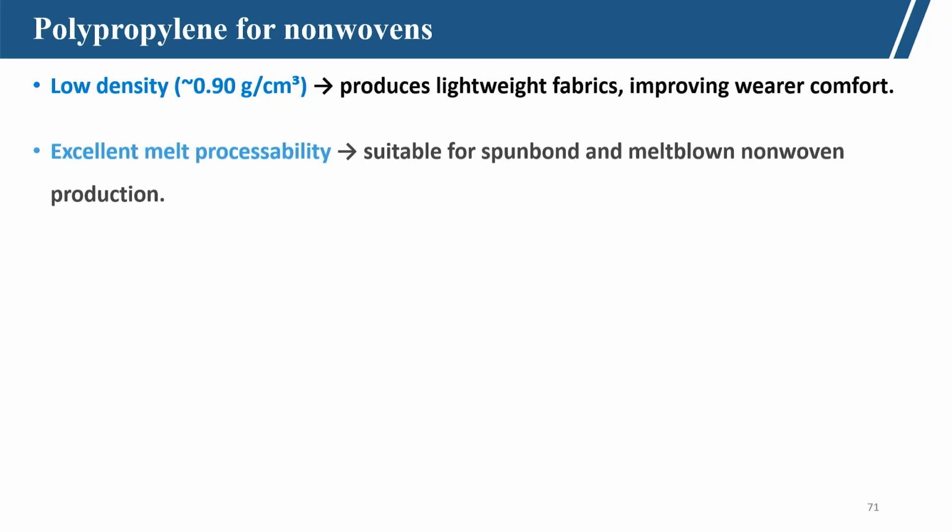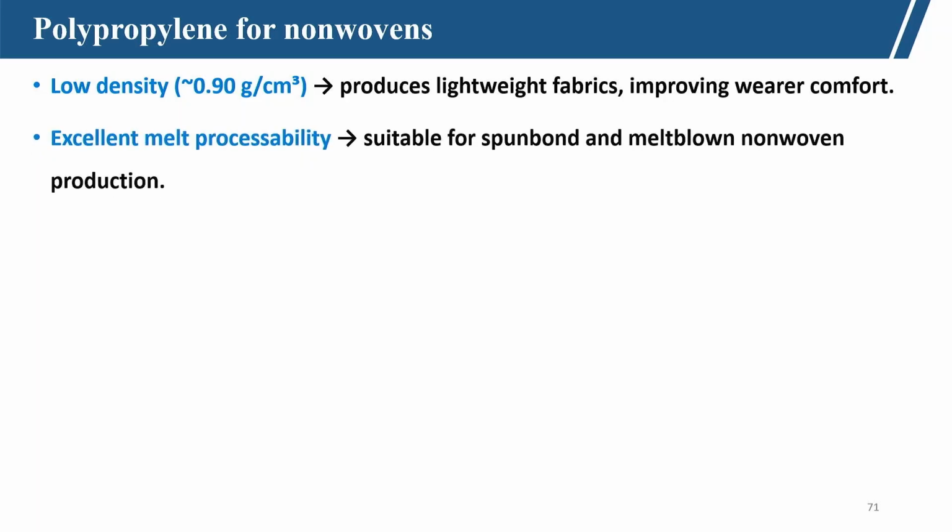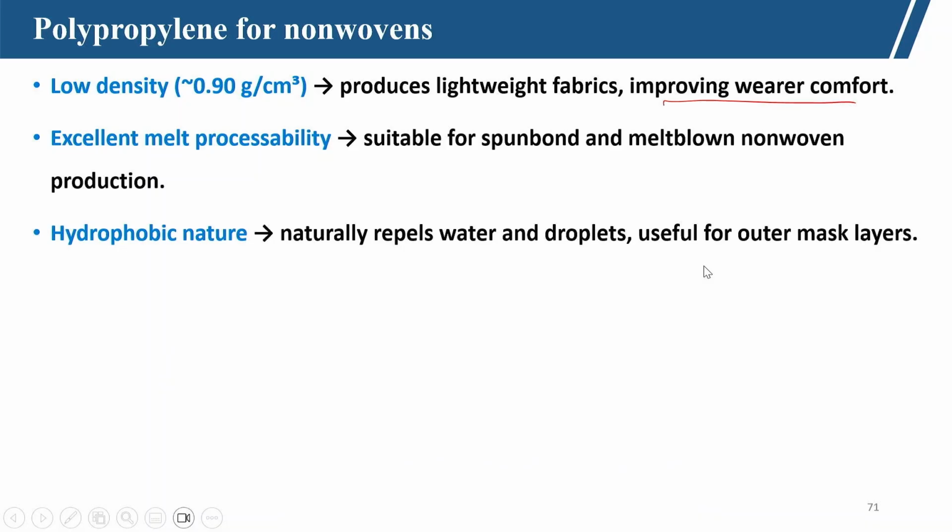Polypropylene is used because of its low density, which produces lighter weight and improves wearer comfort. It has excellent melt processability, so it is suitable for spun bonded and melt blown production because of the lower melting point. Being hydrophobic in nature, it naturally repels water droplets on the outer mask.